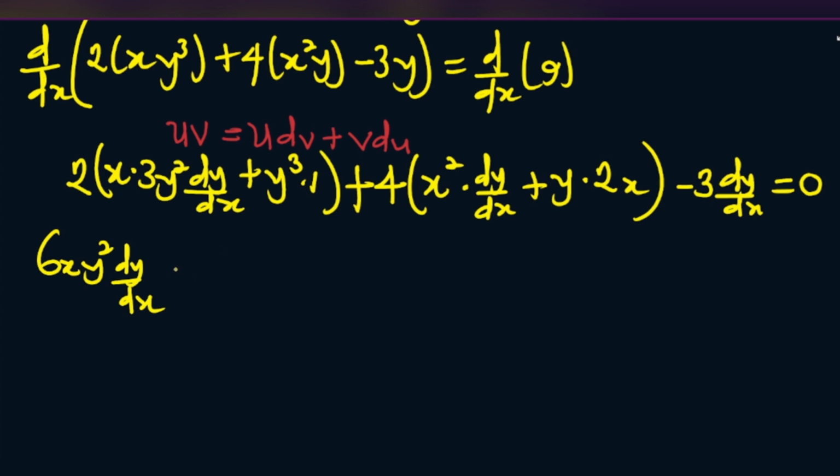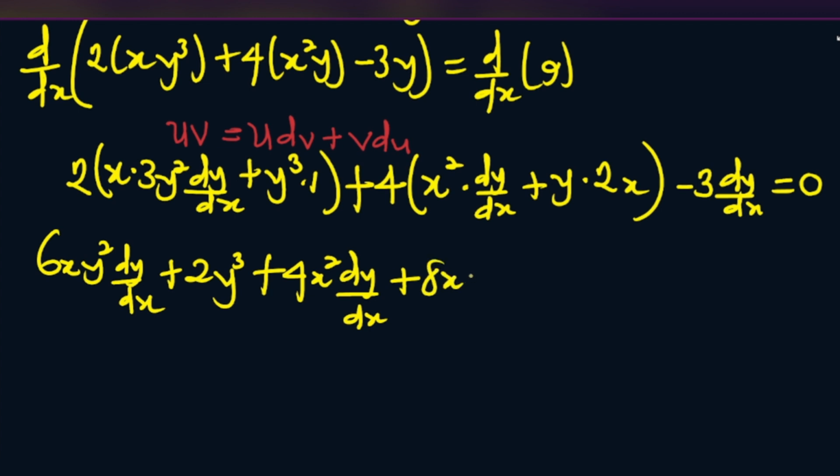All right, plus y cubed times 1 is y cubed. 2 times that y cubed gives 2y cubed plus 4 times y times 2x. 4 times 2x will give us 8x times y. We're going to have 8xy minus 3 dy dx equal to 0.